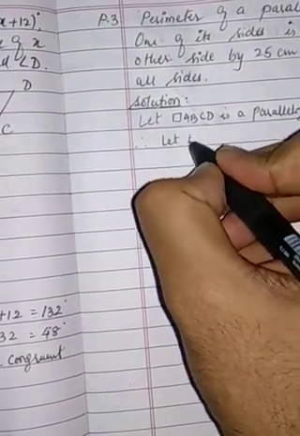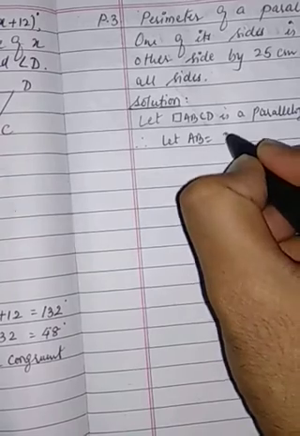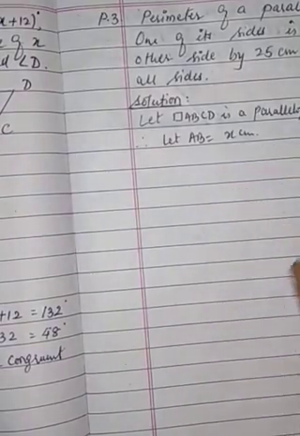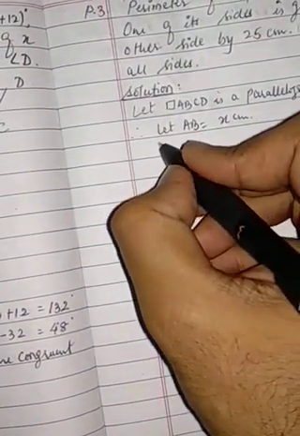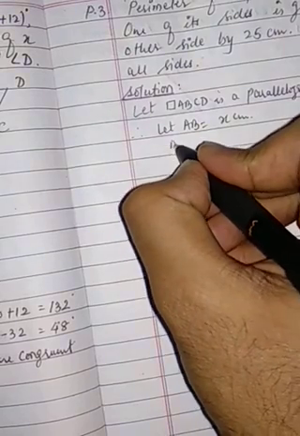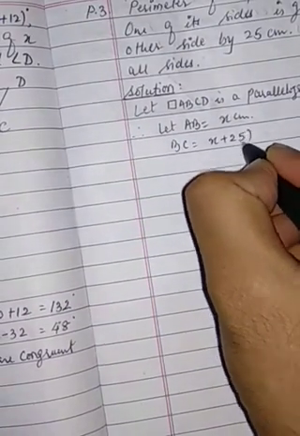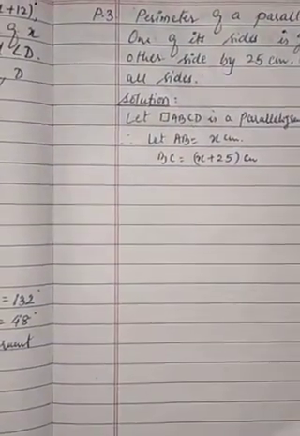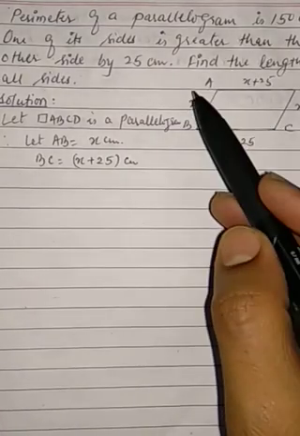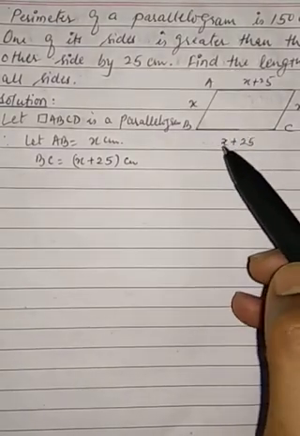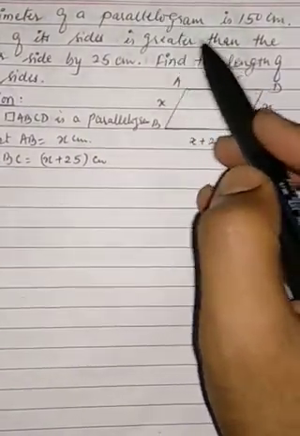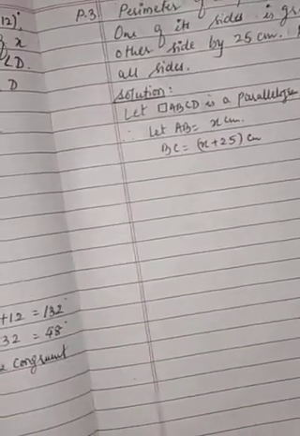Let AB be equal to X centimeter. So BC is equal to X plus 25 centimeter. So according to the given data, if I assume any one of the sides as X, the other side is 25 centimeter greater, right?